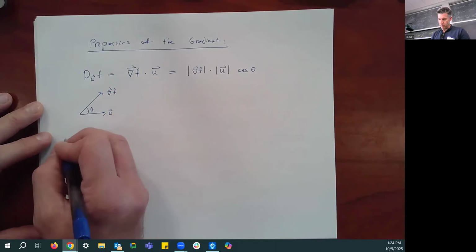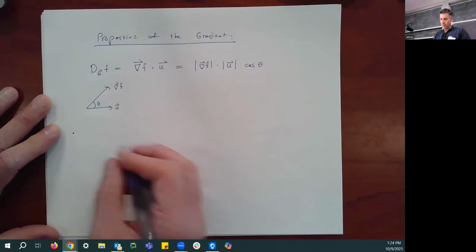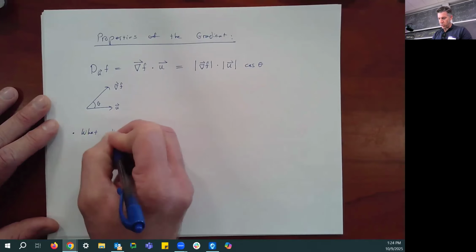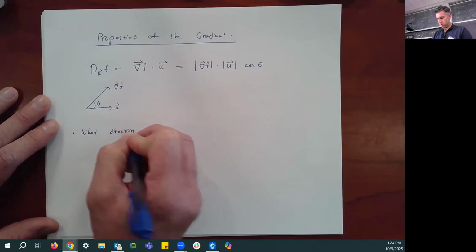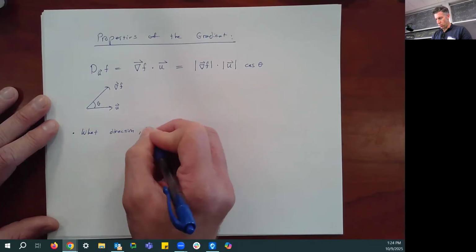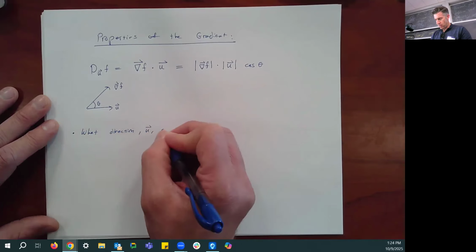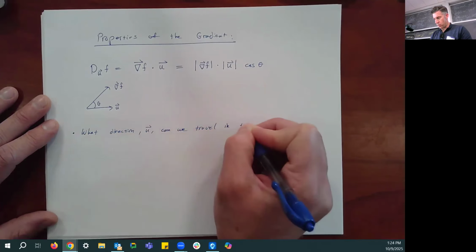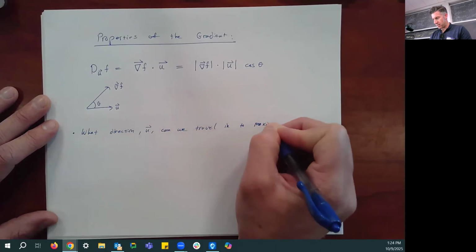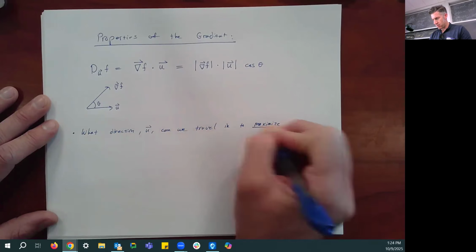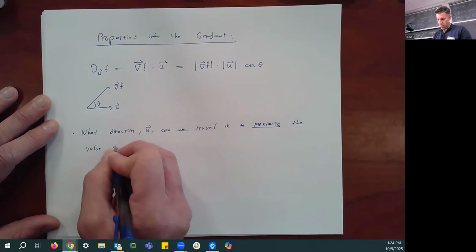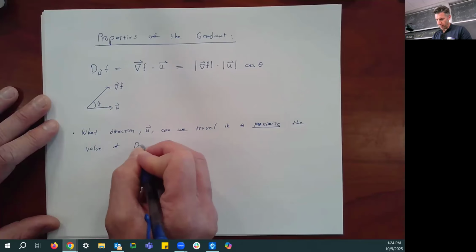So let's ask a question. What direction u can we travel in to maximize the value of the directional derivative?